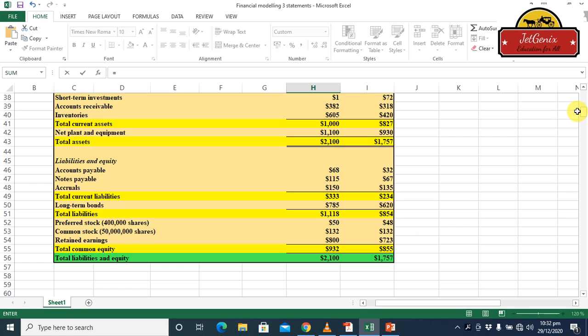The first thing is accounts payable, this one, and again press plus, and now we are going to select the accruals. The notes payable is not an operating liability, so we just ignore it. Select both of these two things and press enter.